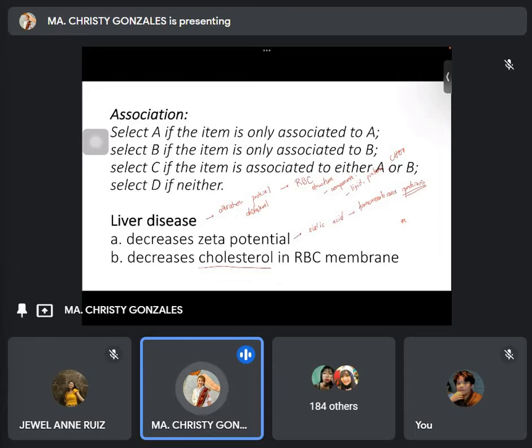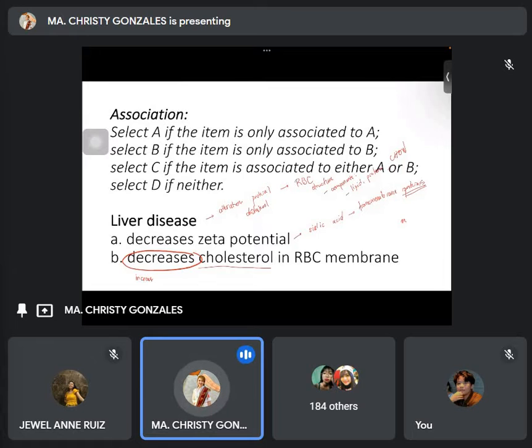So, the correct answer here, in liver disease, is not decrease. But this should be increase. Okay? It should be increase, not decrease. Okay?